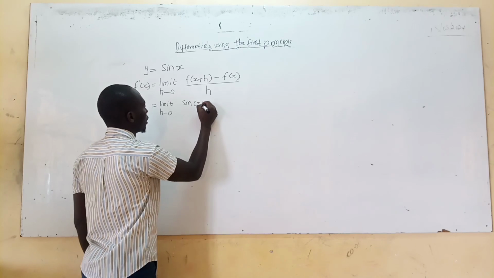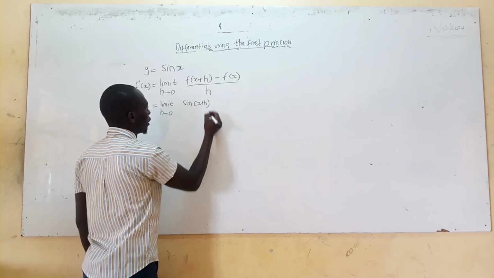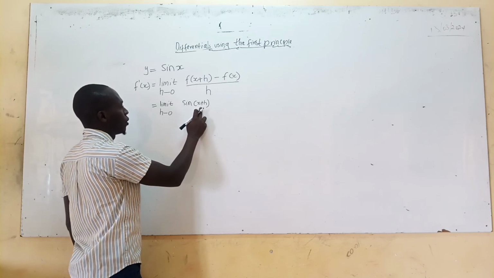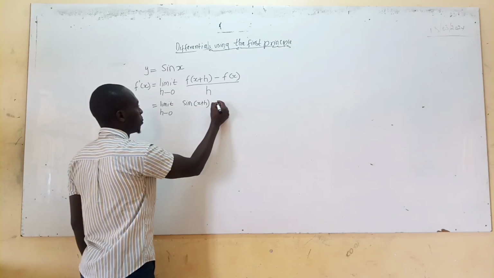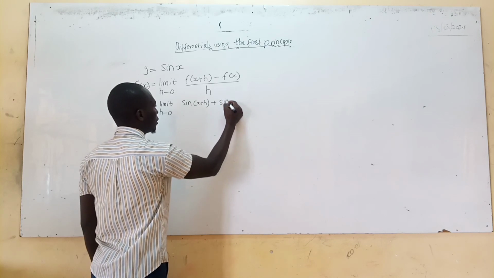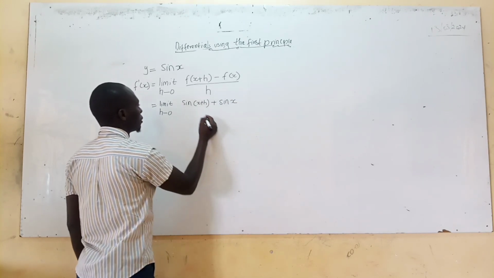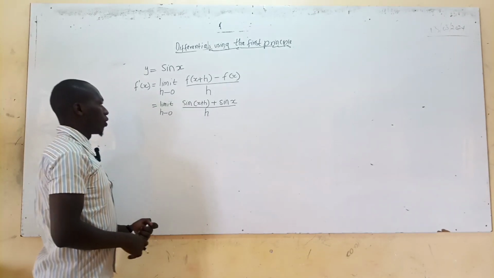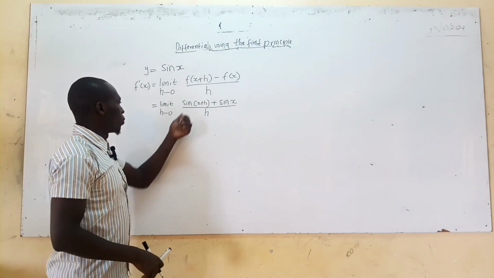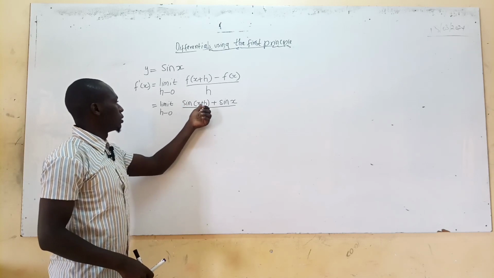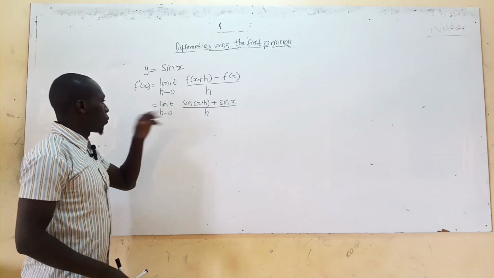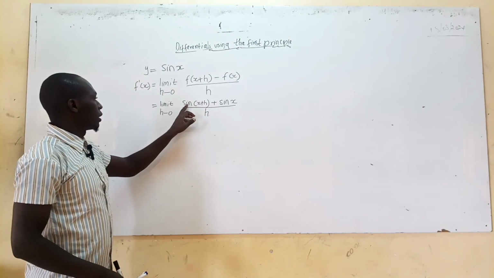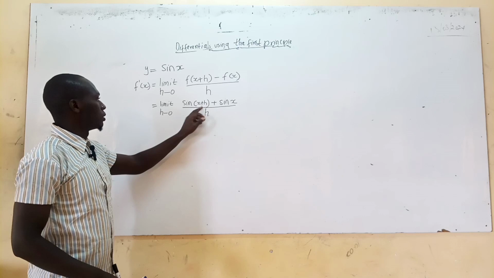of x plus h, minus sine x, and everything will now be all over the term of h. When you look at this one, we are going to apply the trigonometric rules so as to expand this one.